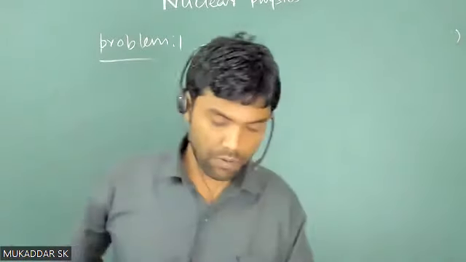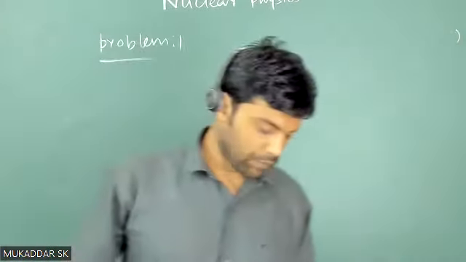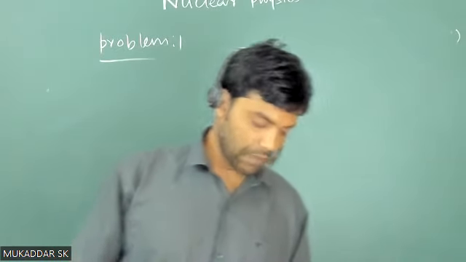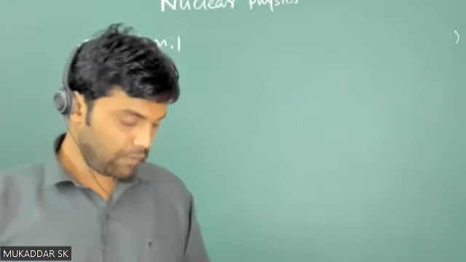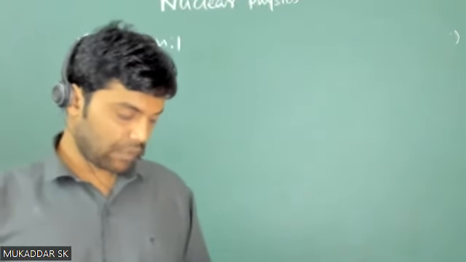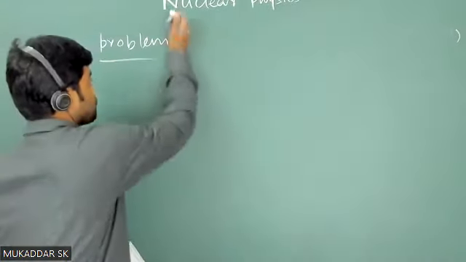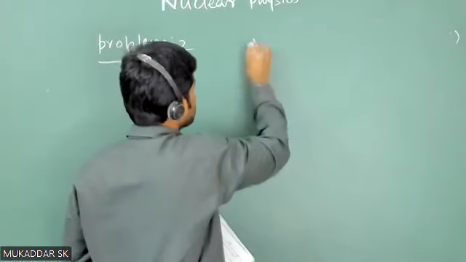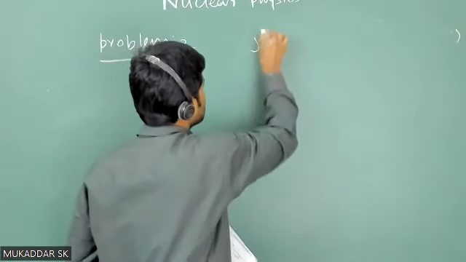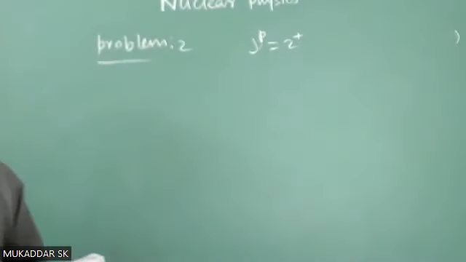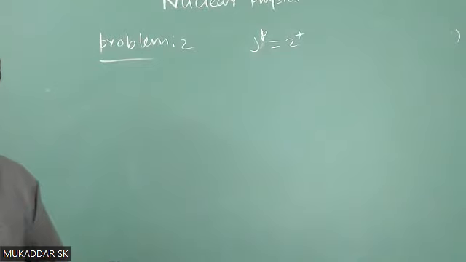A permanently deformed even nuclei with Jp equals 2 plus has rotational energy 93 kiloelectron volt.